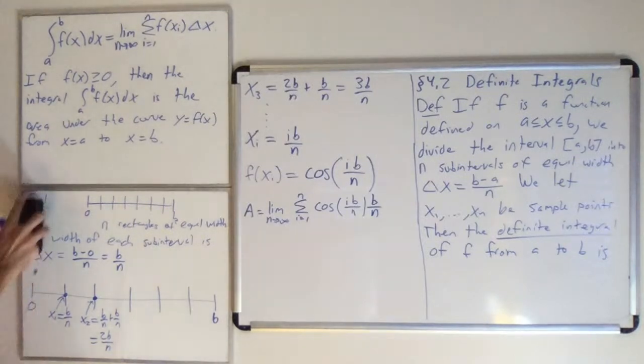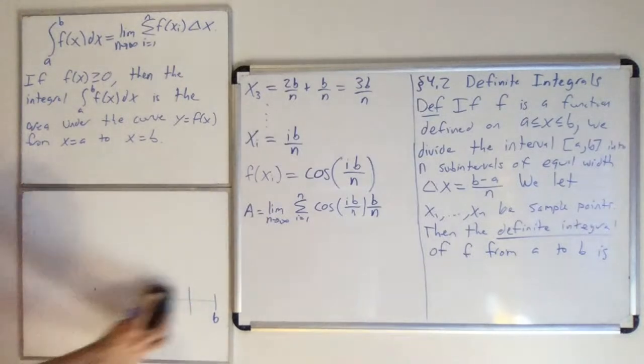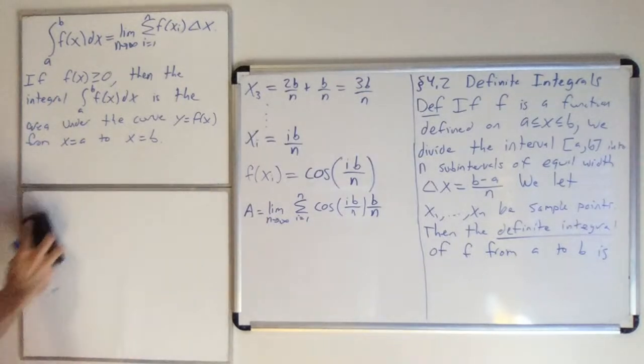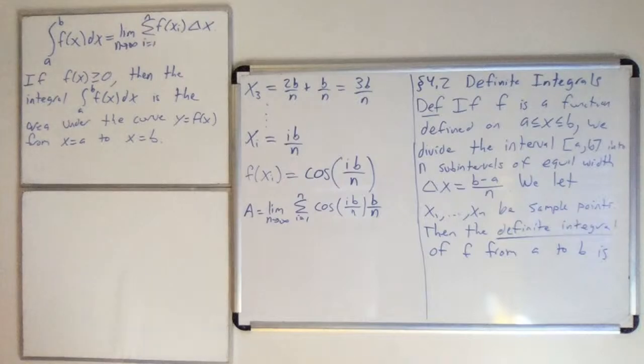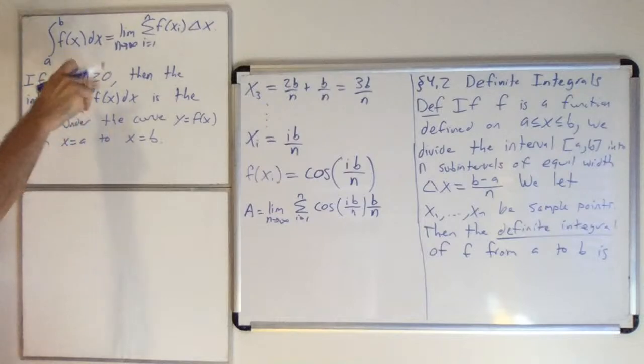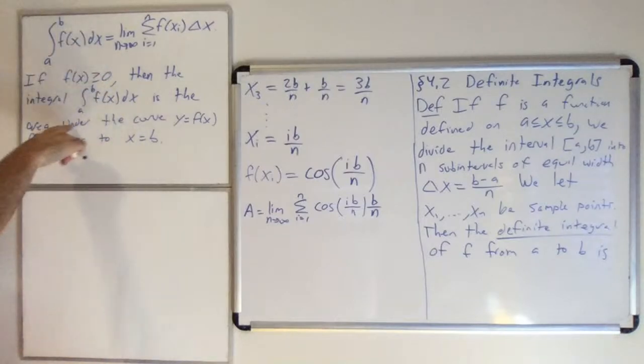Okay, so my question is, if f of x is always non-negative, so on the x-axis or above, this represents the area under the curve.